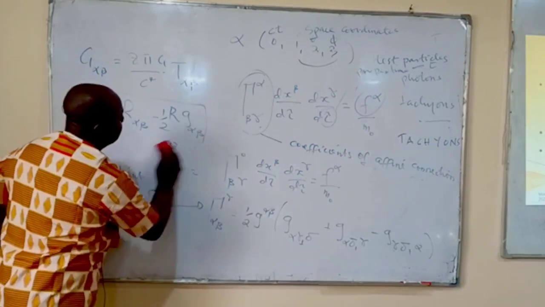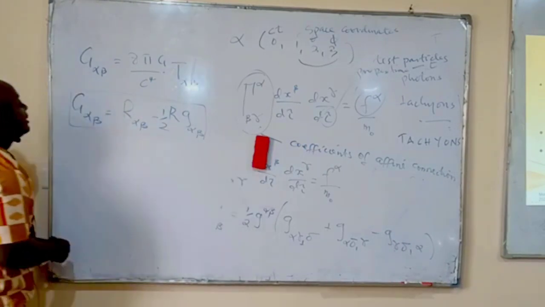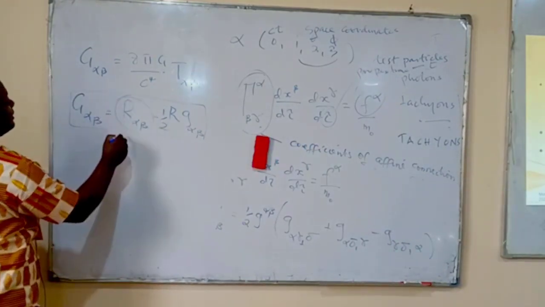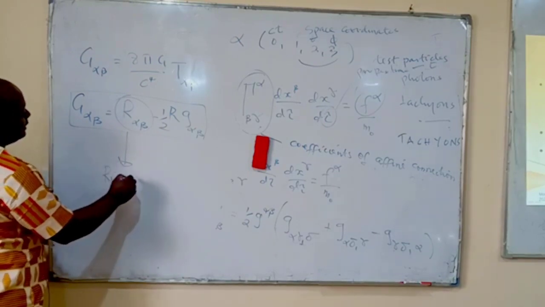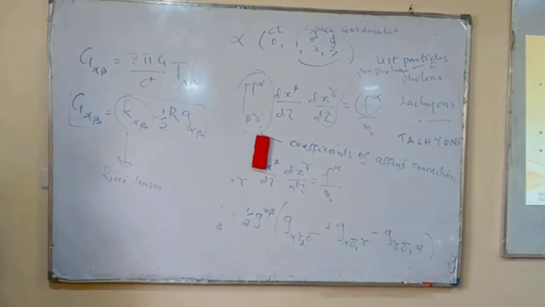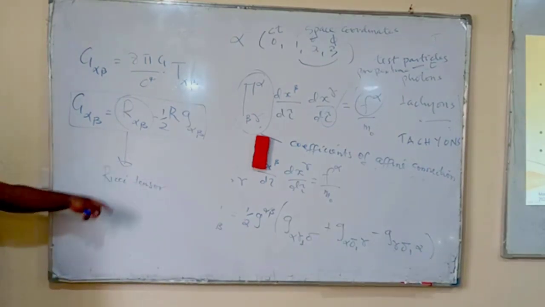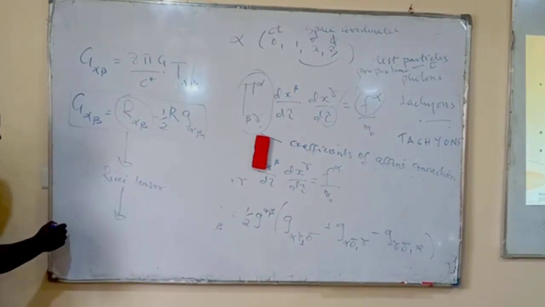And this R is what we call the Ricci tensor. And this Ricci tensor is gotten from the Riemann-Christoffel tensor that I mentioned to you earlier.